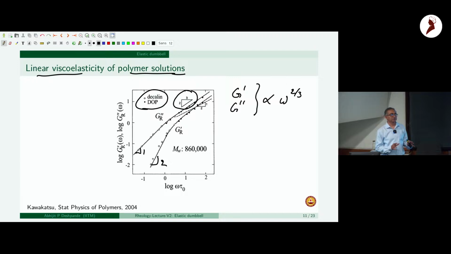So for dilute polymer systems, incorporating stretching, orientation and hydrodynamic interaction is sufficient to capture the overall rheological response.